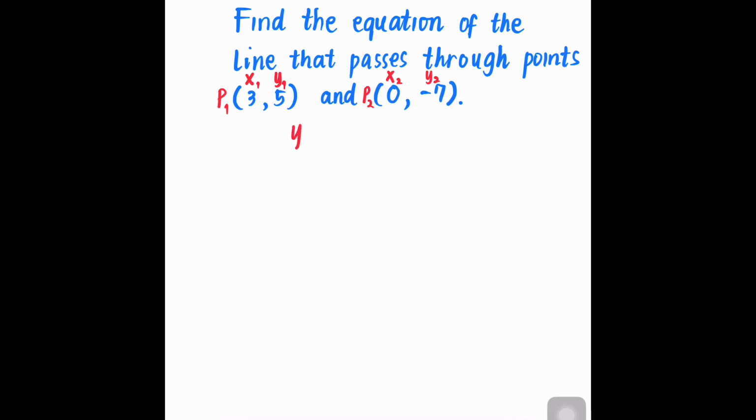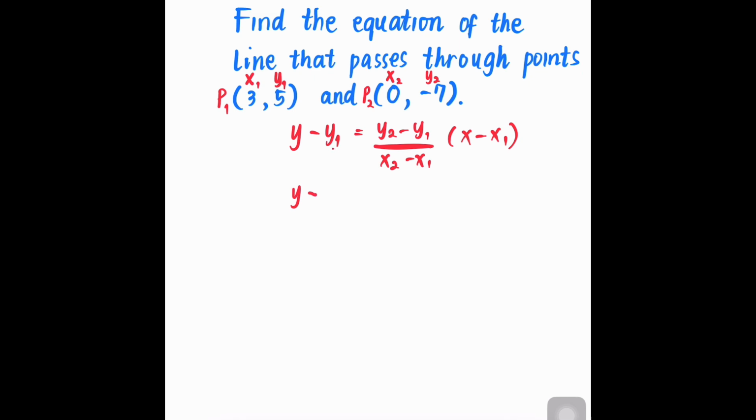Okay, so after labeling everything, we can start plugging in the values to the formula. So we have y minus y sub 1 equals y sub 2 minus y sub 1 over x sub 2 minus x sub 1 multiplied by x minus x sub 1. So we can start plugging in. So y won't be replaced.